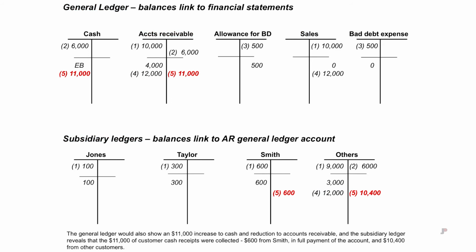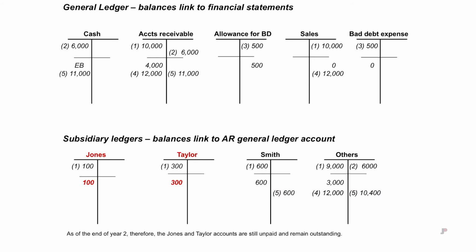The general ledger would also show an $11,000 increase to cash, an $11,000 reduction to accounts receivable, and the subsidiary ledger reveals that the $11,000 of customer cash receipts were collected, $600 from Smith in full payment of the account, and $10,400 from the other customers. As of the end of year 2, therefore, the Jones and Taylor accounts are still unpaid and remain outstanding.